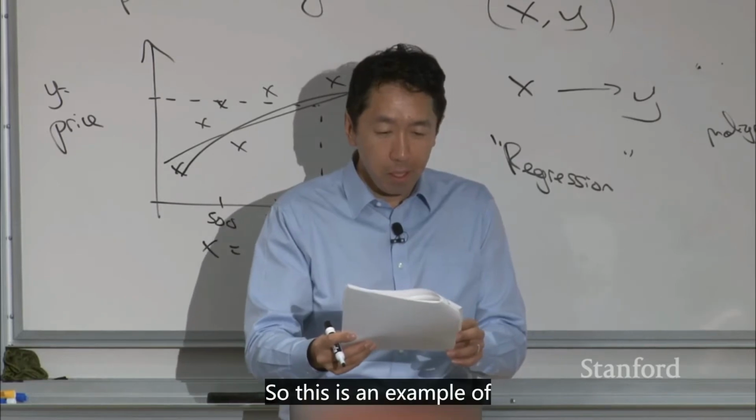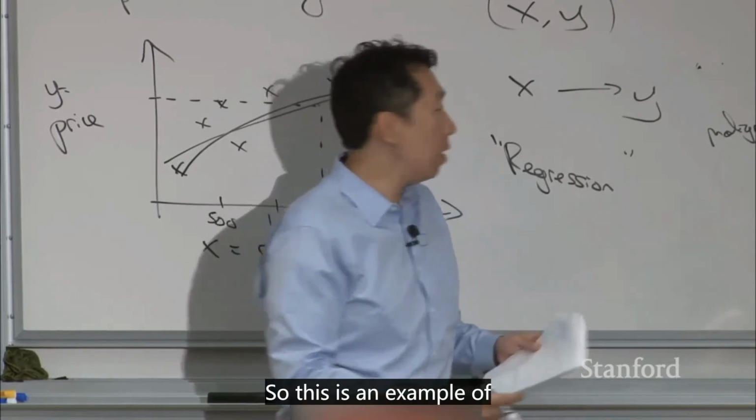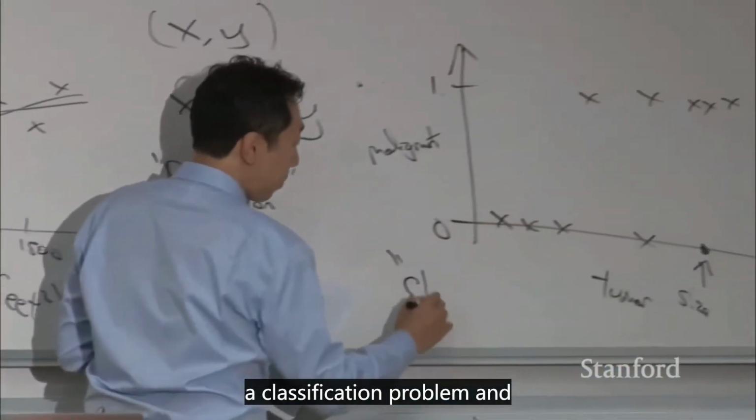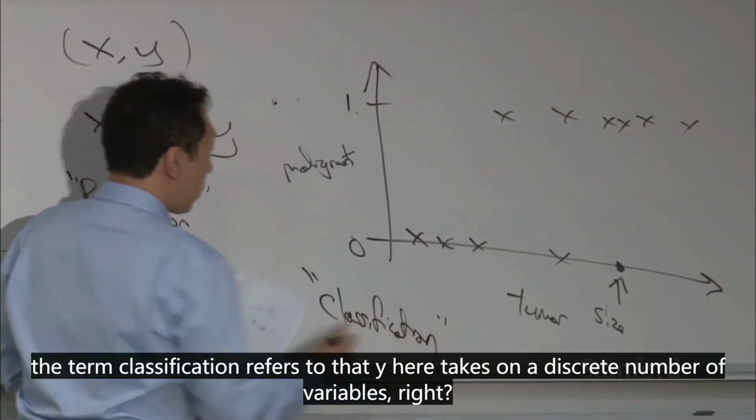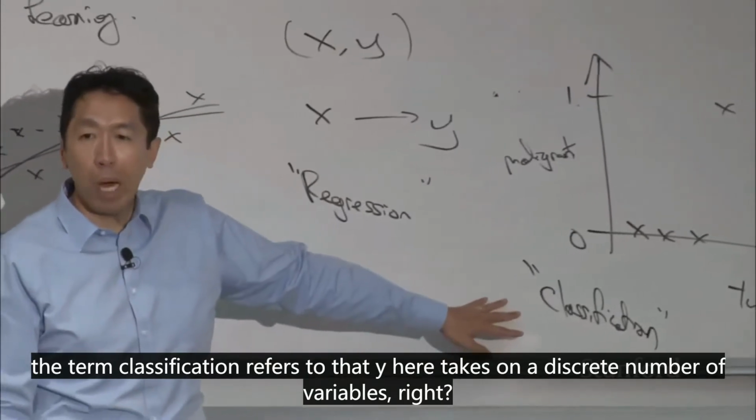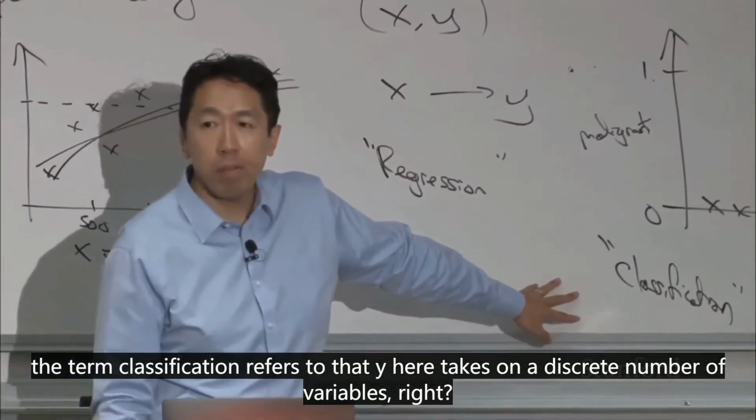So this is an example of a classification problem. The term classification refers to the fact that Y here takes on a discrete number of values.